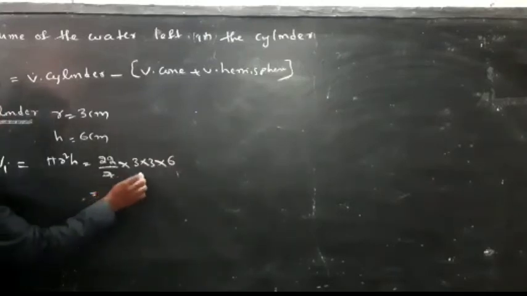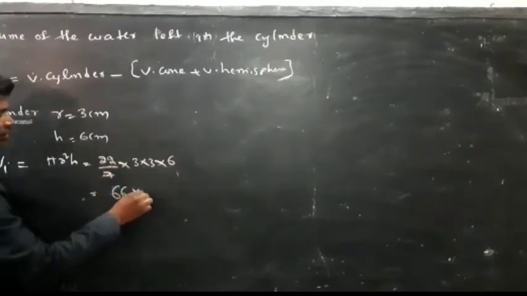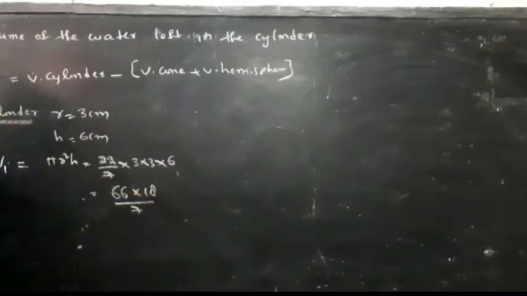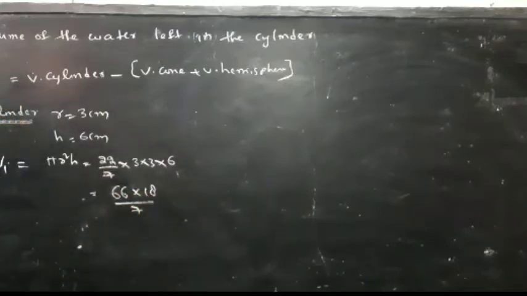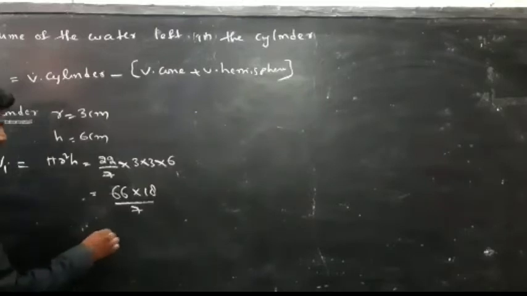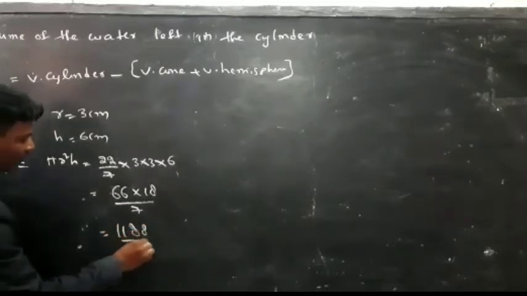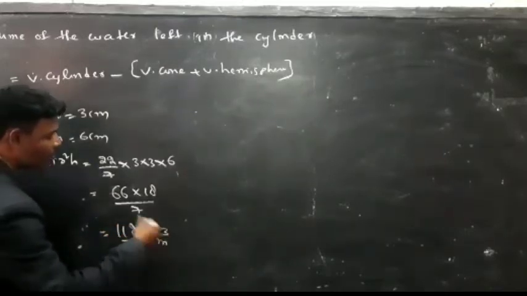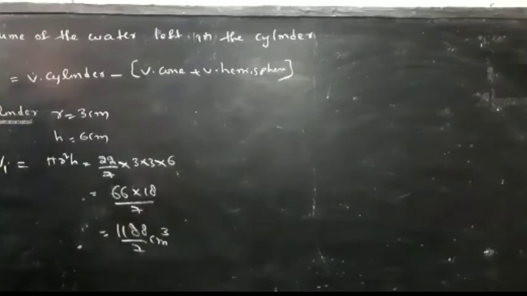Now 66 into 18 by 7. It is nothing but 1188 by 7 centimeter cube. So the volume of the cylinder is 1188 by 7 centimeter cube.